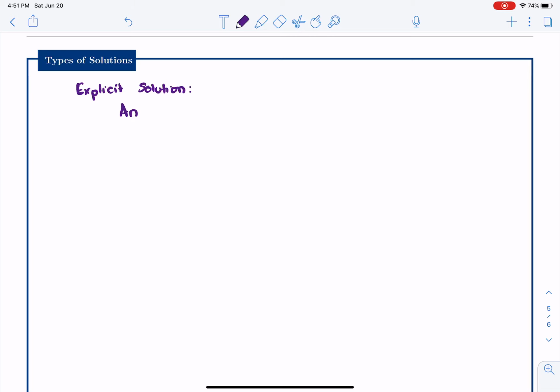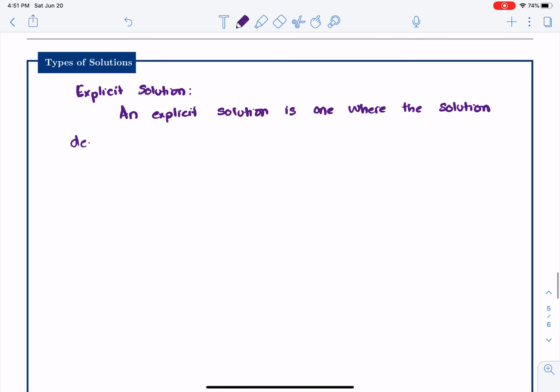An explicit solution is one where the solution depends only on the independent variables and constants.